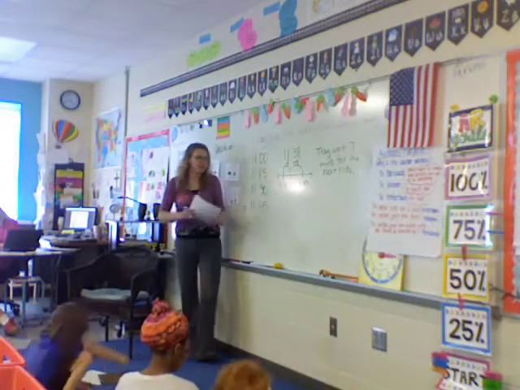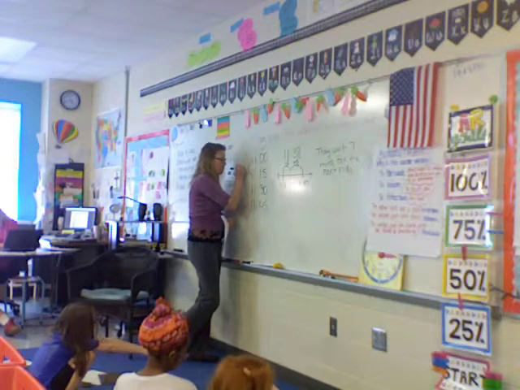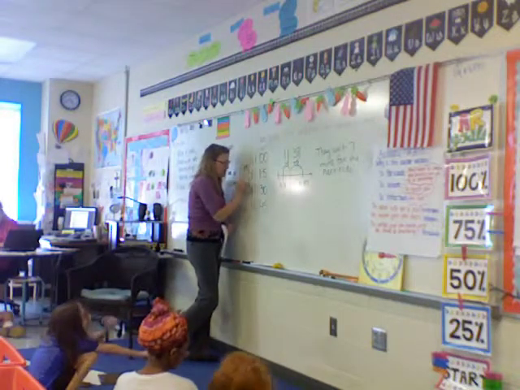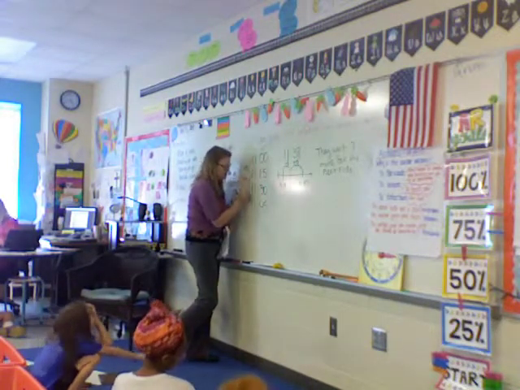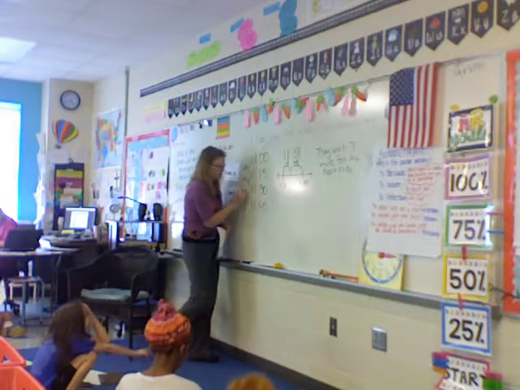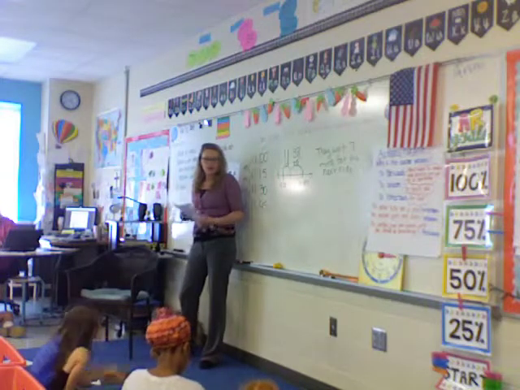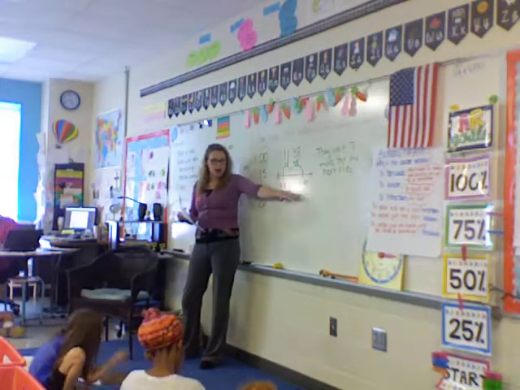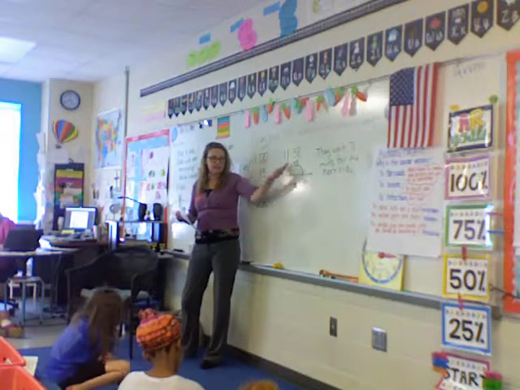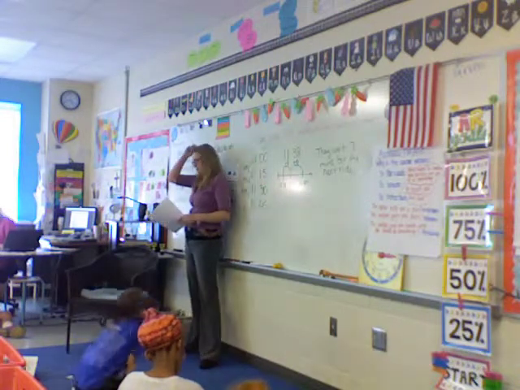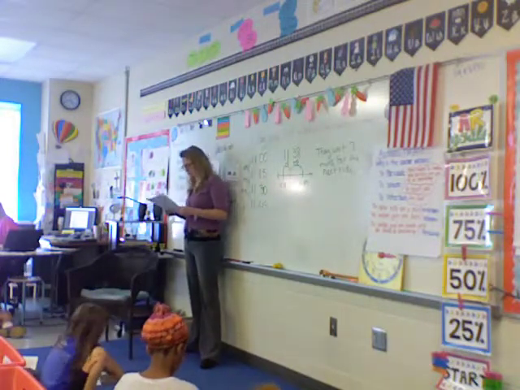We added 15 on each of these to get to when the fourth ride left. And then we decided it was easiest to use a number line, add 2 and add 5 to get your 7 minutes, right? Okay, good.